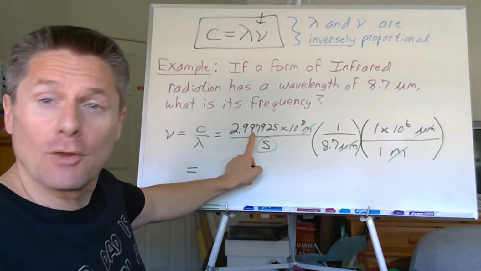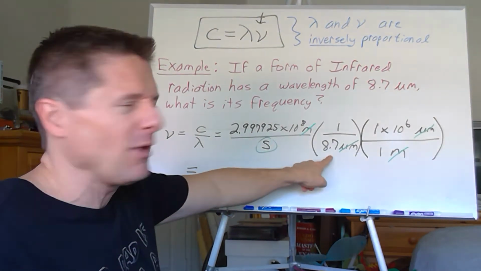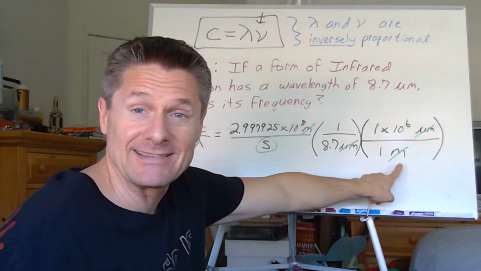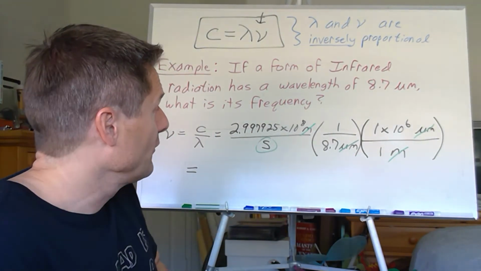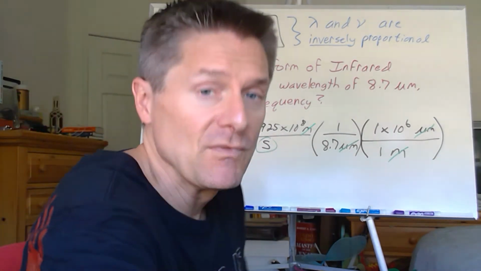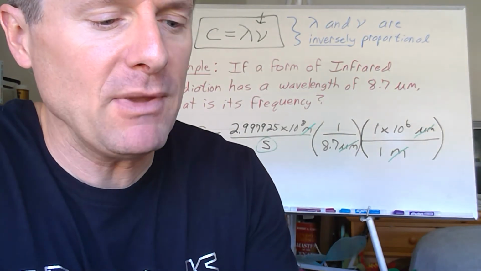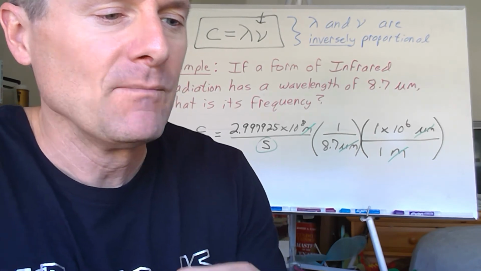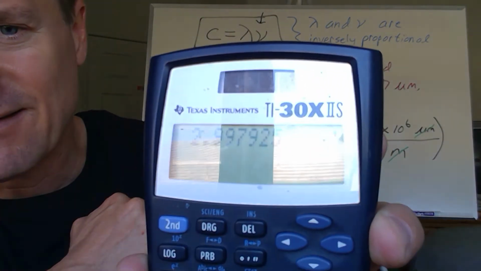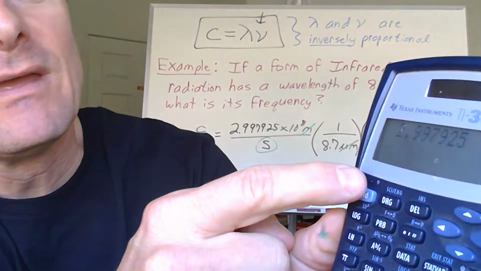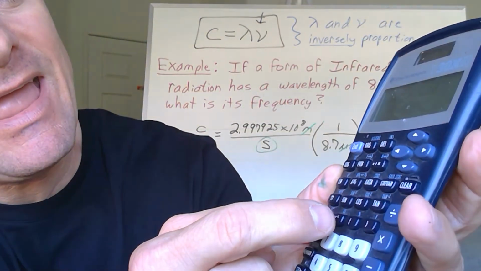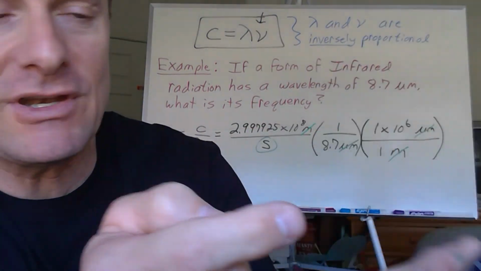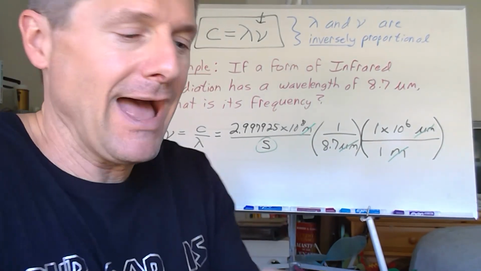We got a truckload of significant digits in our speed of light. We've only got 2 in our wavelength, and this is an exact metric conversion. Exact things are exact. So this will go to 2 significant figures. So if you're going to pop this out, type in 2.997925 times 10 to the, use the EE function, what do we got? 8th.